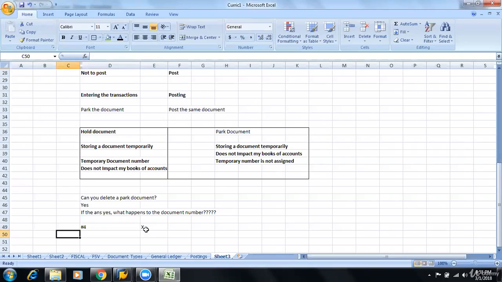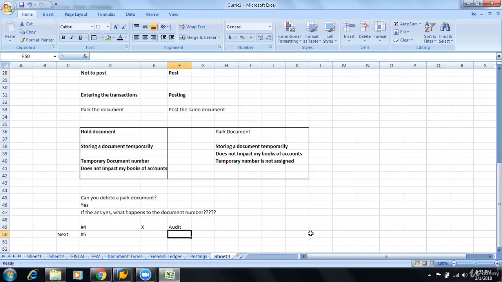What about my next document number? Any guess? The next document number would be 5, of course. Though the document is deleted, it still has the traces for audit purposes that this document was deleted. Right? Only the number is kept, not the whole document.